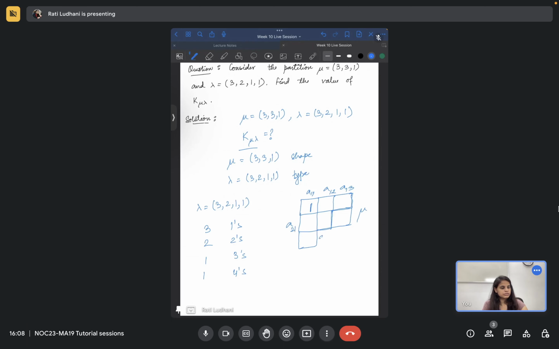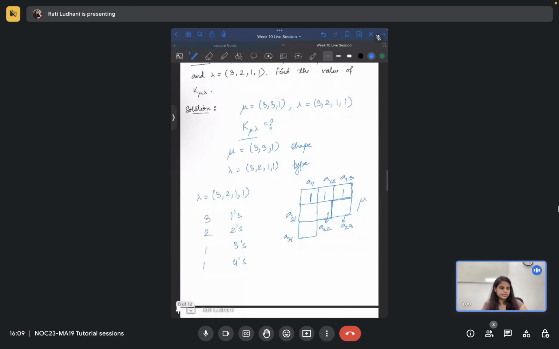This is A31, this is A22, and this is A23. So can you tell me where I should start? First row fully 1 1 1. Yeah, exactly, because there is no other option. Yes, ma'am, because over the column you have to go strictly increasing.